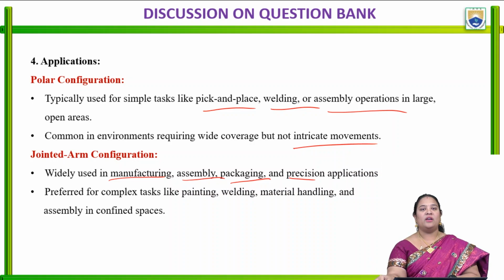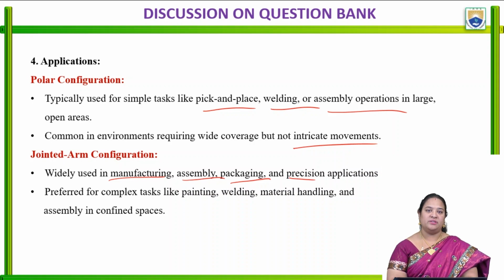The polar configuration is generally used for picking and placing objects, or for welding operations, or for assembly operations. Whereas the jointed arm is generally used in manufacturing, packing or precision applications.